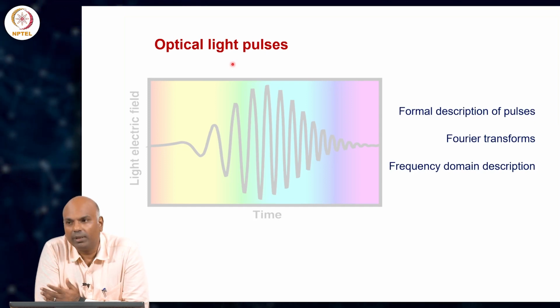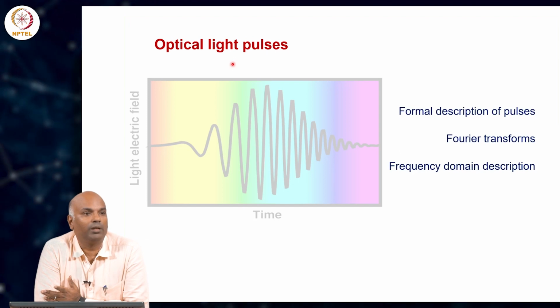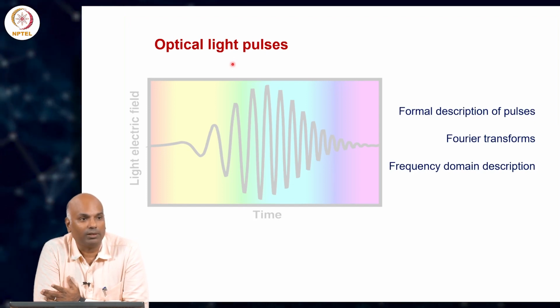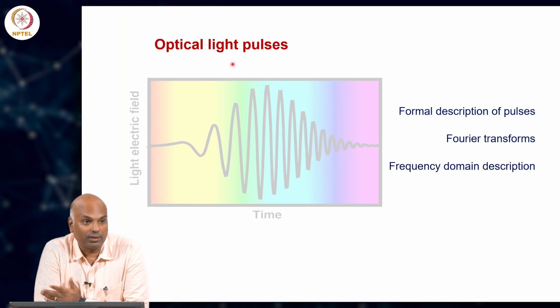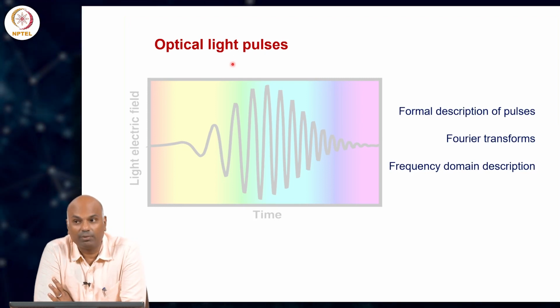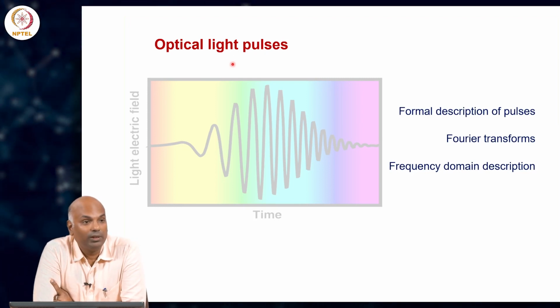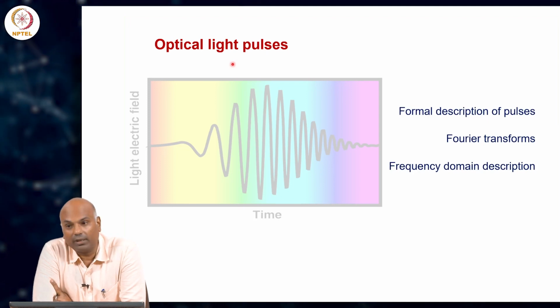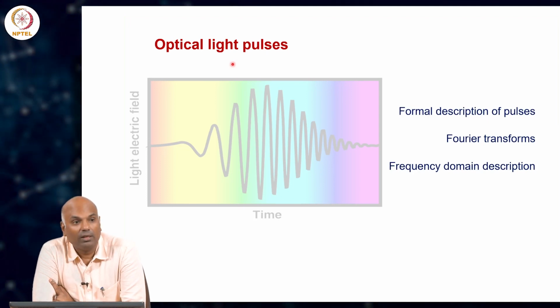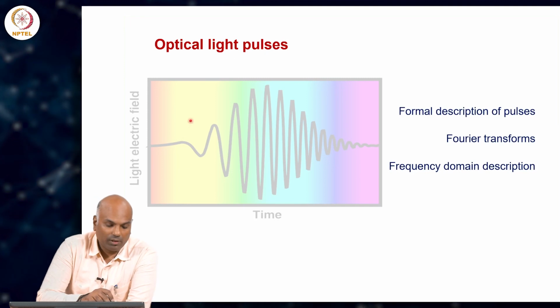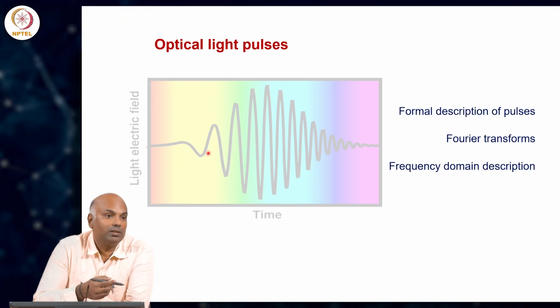So, immediately one may ask, what is so special about it? Why are we talking about these optical pulses? Yes, there is something special. It is not any personal prejudice, it is the availability of lasers which can operate in various spectral regions and how well suited they are for making such light pulses.